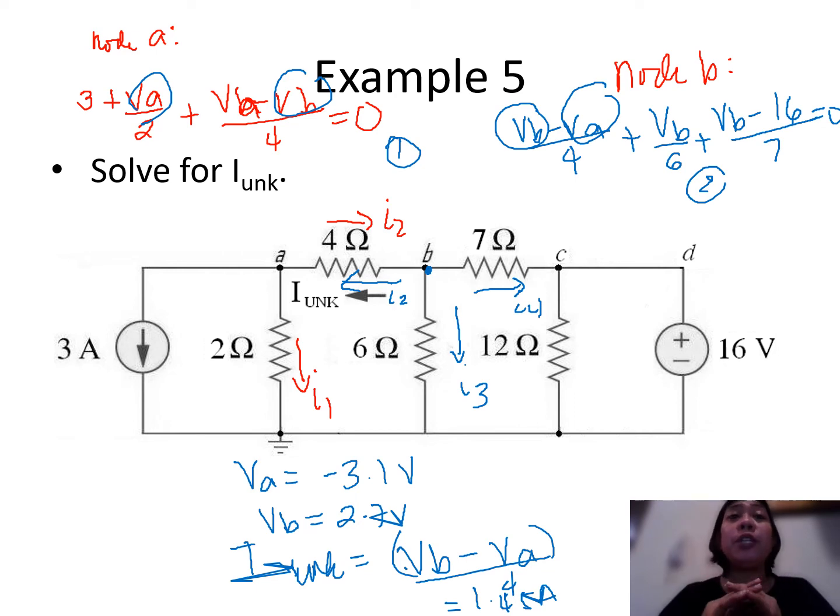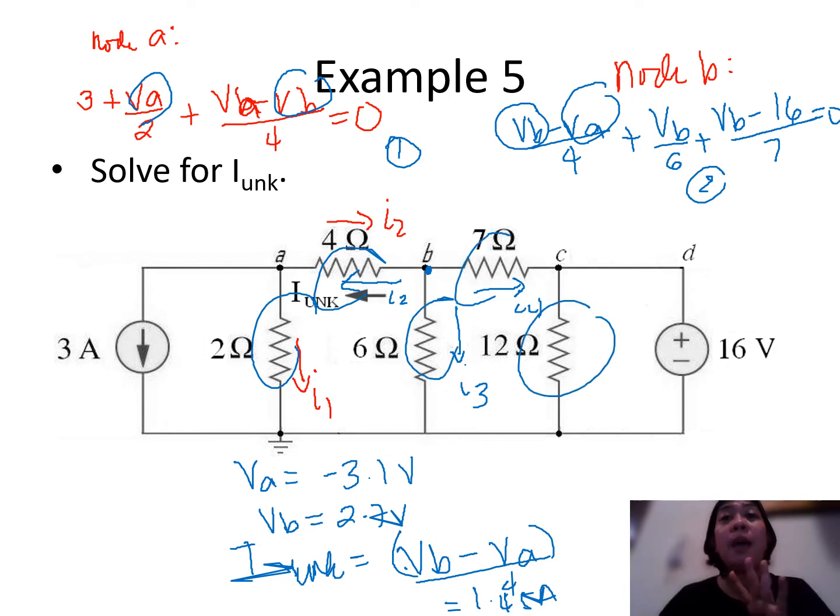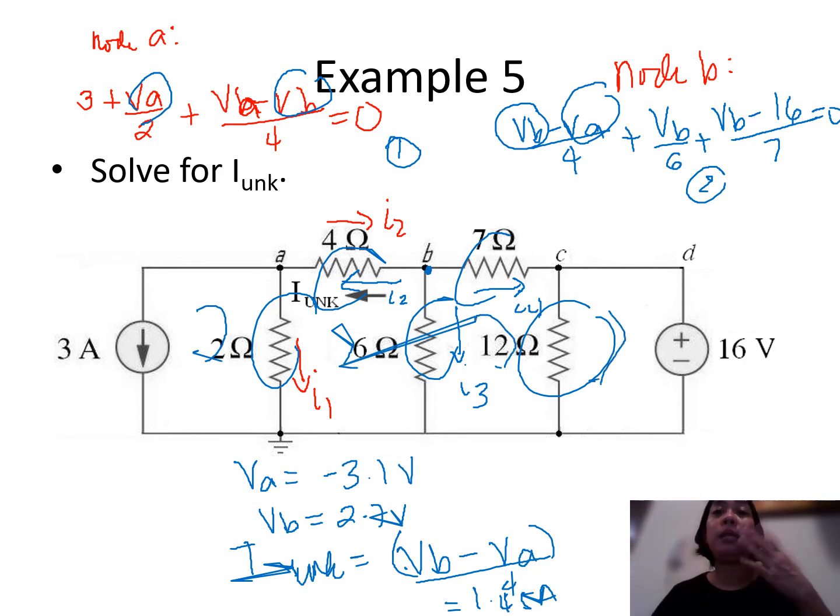How many branch currents do you have there? You have here 1, 2, 3, 4, and 5. So you will be having 5 branch currents, so you will be needing 5 different equations. For mesh analysis, you have 4 meshes there, 1, 2, 3, and 4. That means you will be needing 4 different equations to solve for those different mesh currents.